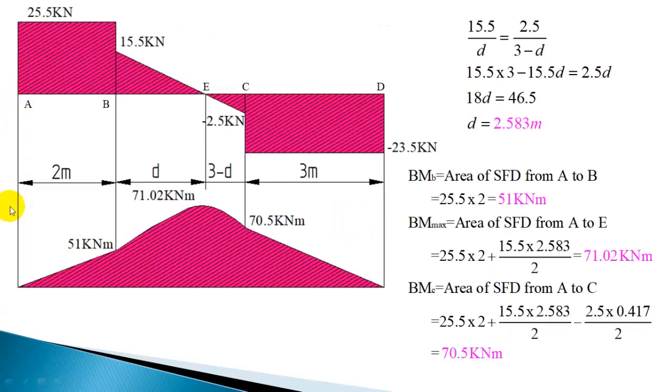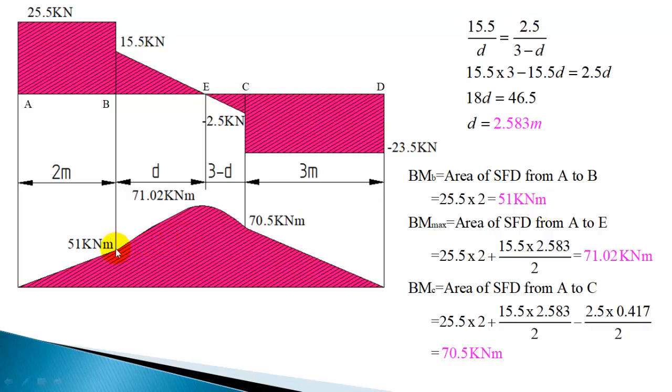Now bending moment at A is 0. Bending moment at B is the area of the shear force diagram up to that point B, from the left end. It's a rectangle. Area is 25.5 into 2 meter, which is 51 kilonewton meter.